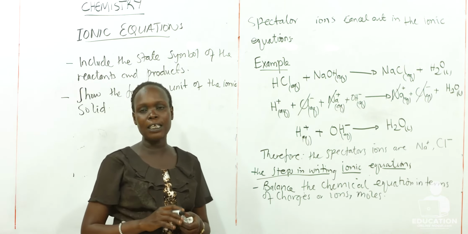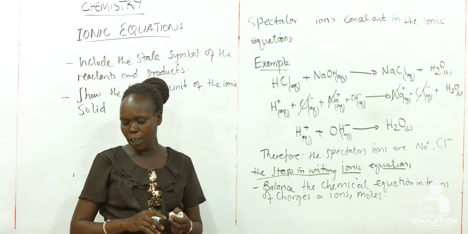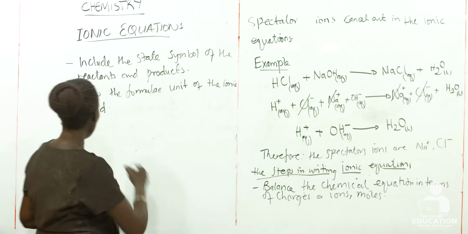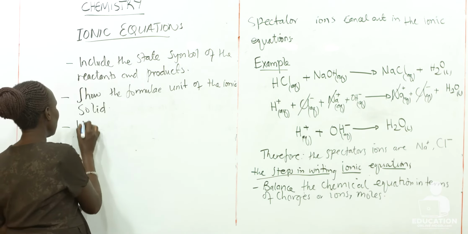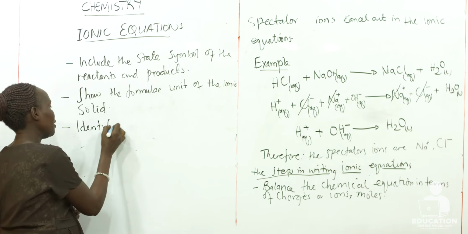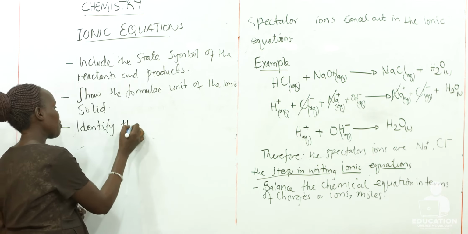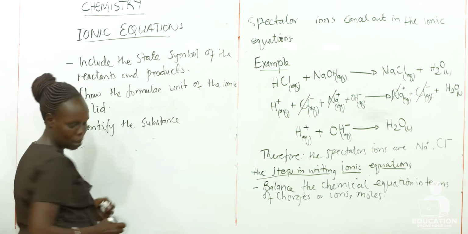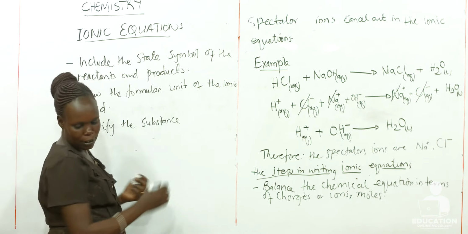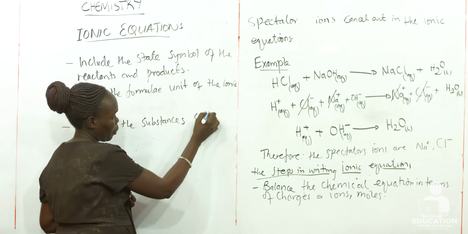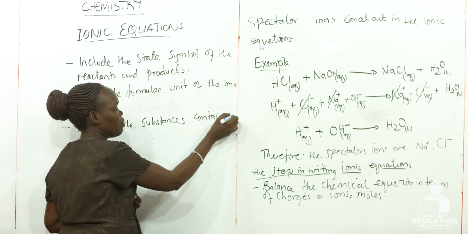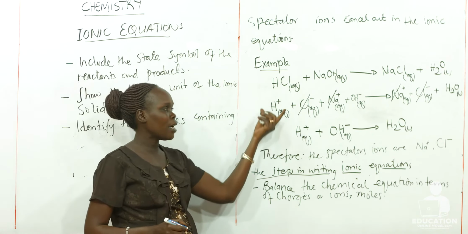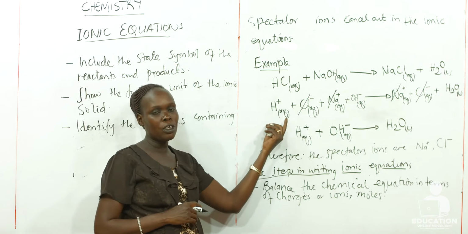Number 4 is to identify substances containing free ions and those that do not. In this case, we have the reacting substances. For example, here we have hydrochloric acid, and we identify it as an ionic substance.